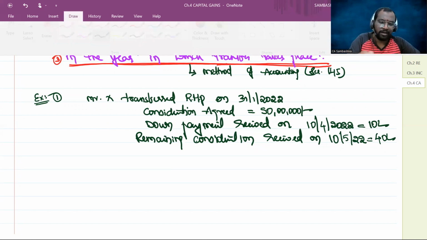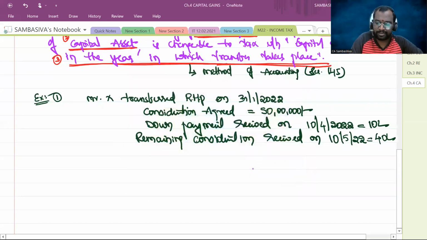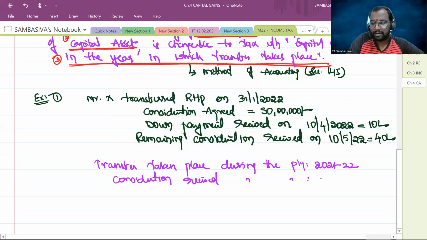Here you can see, the transfer has taken place during the previous year 2021-22, but consideration received during the previous year 2022-23.